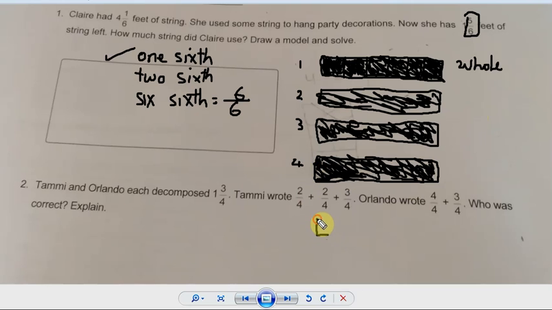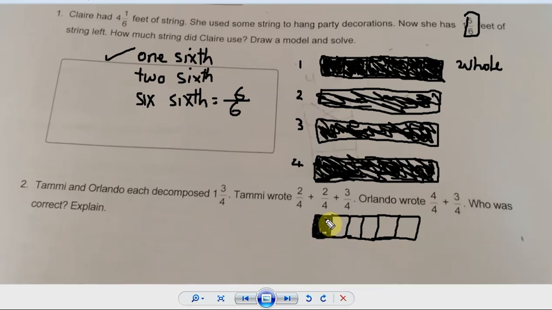So remember, 1/6 was only a small portion of the whole. So it was just 1 out of 6 pieces. So let's draw back our 6 pieces. That's 4, 5, 6. Alright, so that's the whole, but she didn't have all of the whole. She only had 1/6 of it. So we'll only shade that portion.